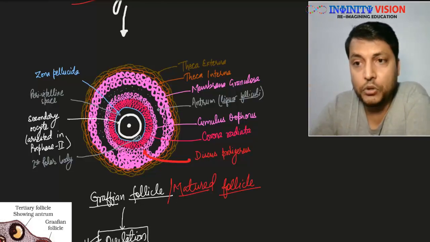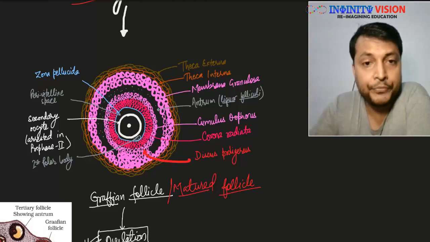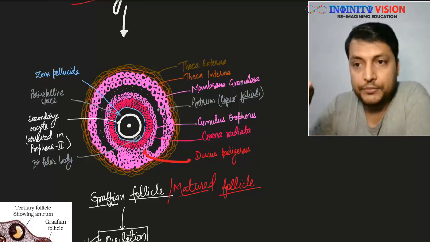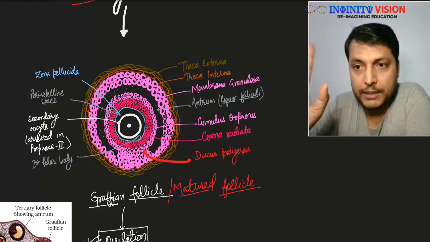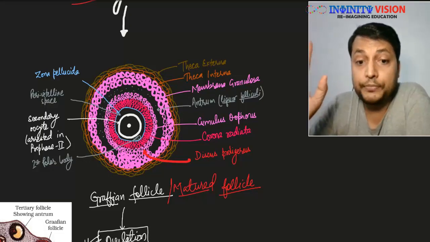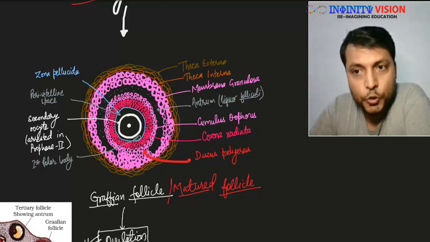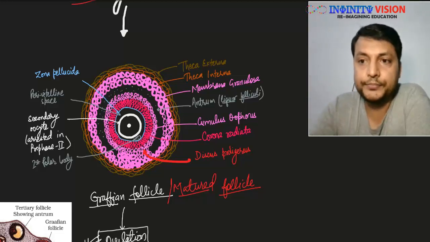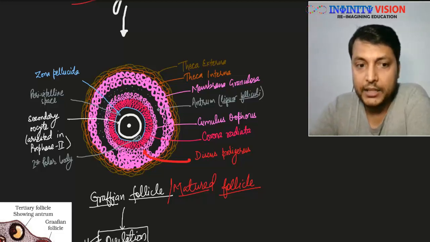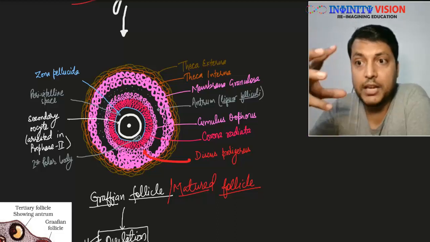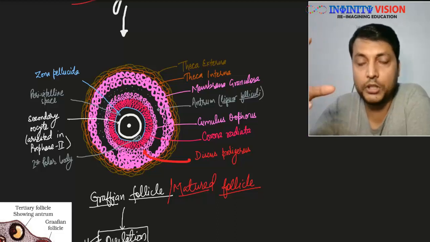We call it Graafian in honor of the scientist. Whenever in a question you find matured ovarian follicle, it means they are referring to Graafian follicle, which is the fully developed ovarian follicle.